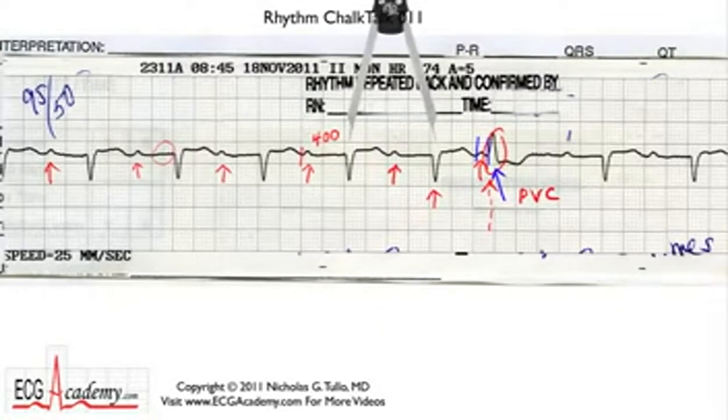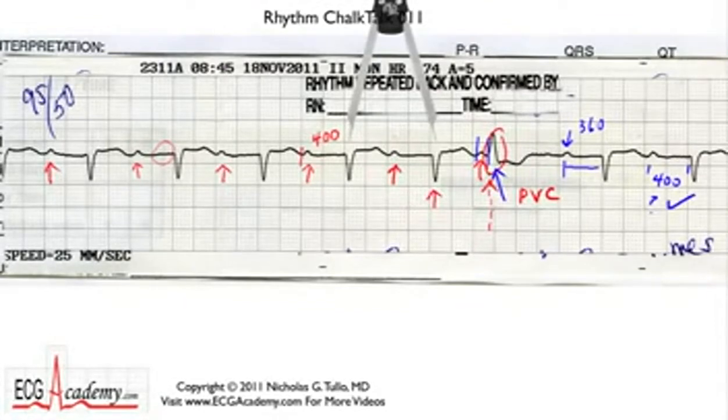Well, the next P wave does occur on time, and then you have a PR interval that's a little bit shorter. Look at that. It's about one small box shorter, so we'll call this 360 milliseconds. And this one's back to 400 again. Well, does that make sense? It sure does.